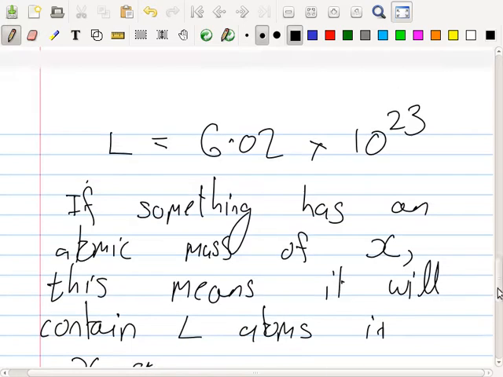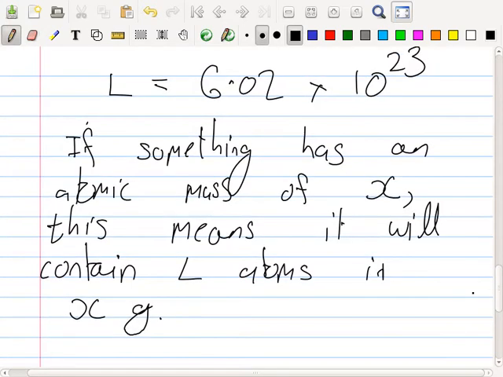So you have to get the number of atoms. That's N equals G over MR, if you want to write it like this.